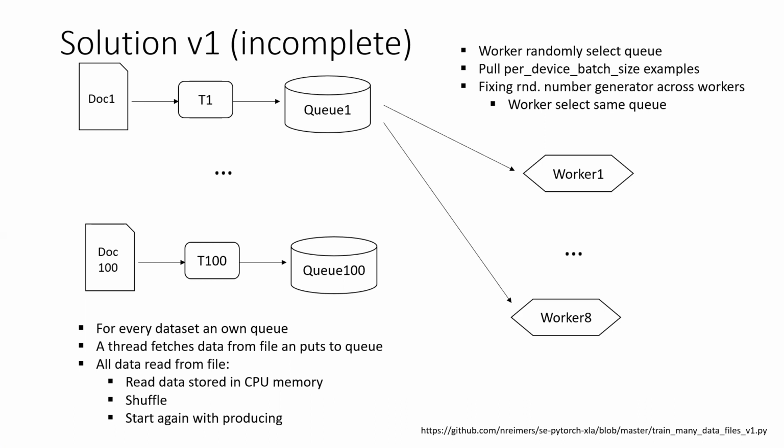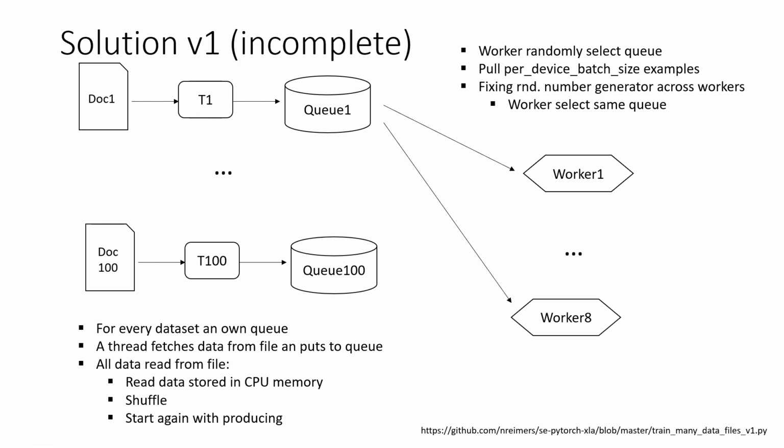But I found it interesting to show you how you can design this in different setups. So in the most simple setup, we have 100 different datasets. These are 100 different files on your disk. And then for every file, you create a queue and you create a producer thread. The thread reads from the disk and puts it to a queue. And you do it for all the datasets you have.